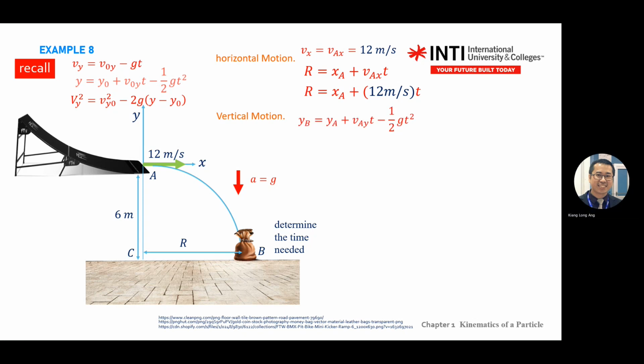So for the first one, you can start with either one. In this example, I start with the second equation.